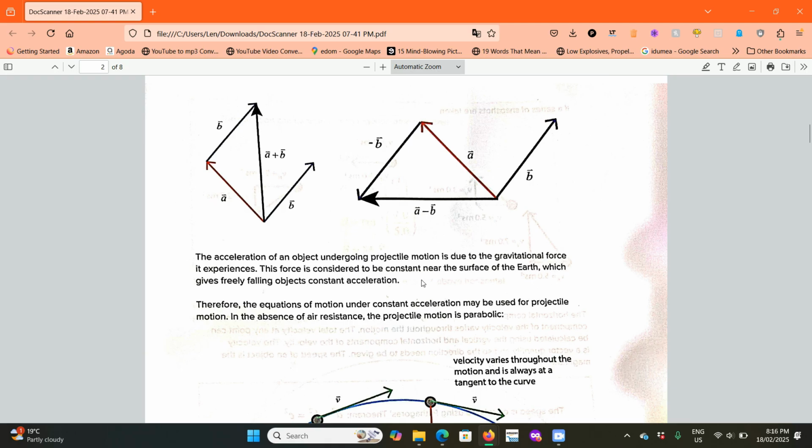The acceleration of an object undergoing projectile motion is due to the gravitational force it experiences. So when you are writing out the components that you have, the velocity, time, displacement, whatever your values are, always make sure you write acceleration.